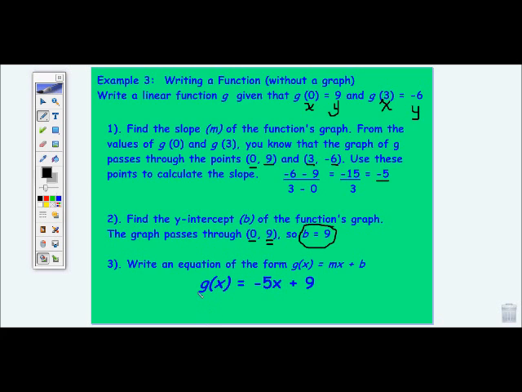So the equation of the form g of x would equal negative 5x, that's our slope, plus 9, that's our y-intercept. Again, the function replaces y, or the output. Otherwise, it's the same form of mx plus b, slope x plus y-intercept.